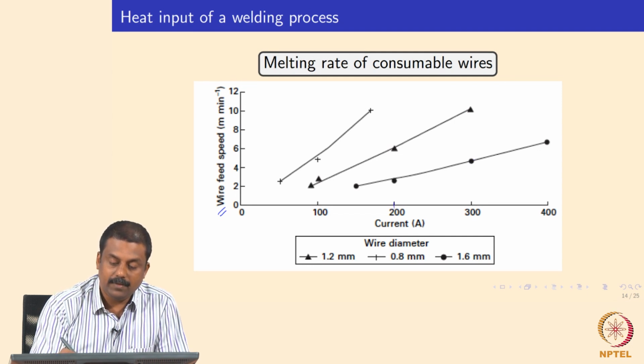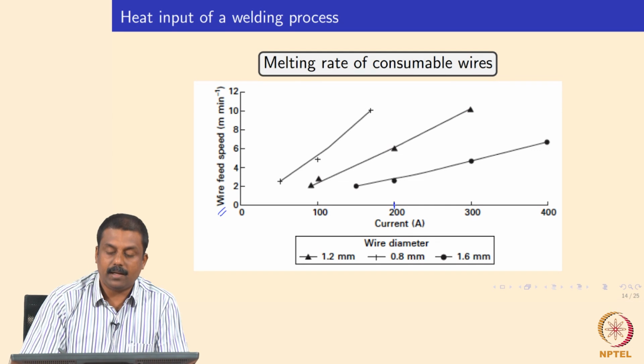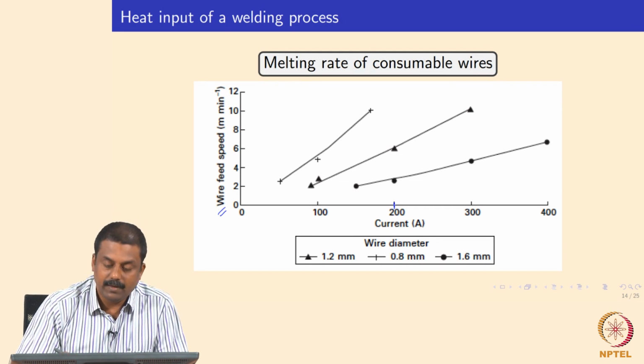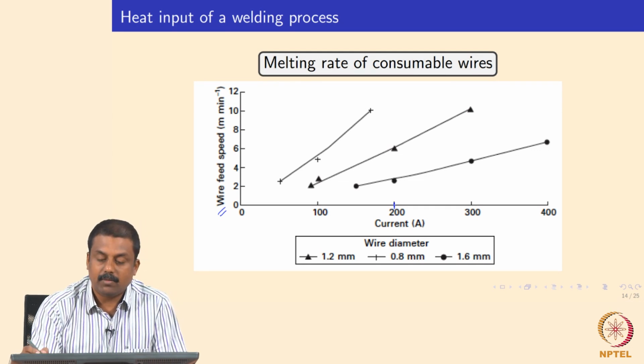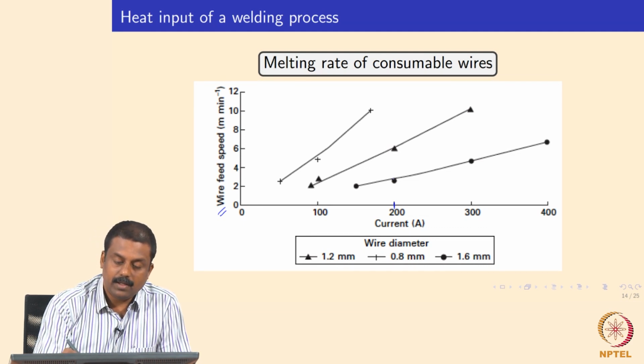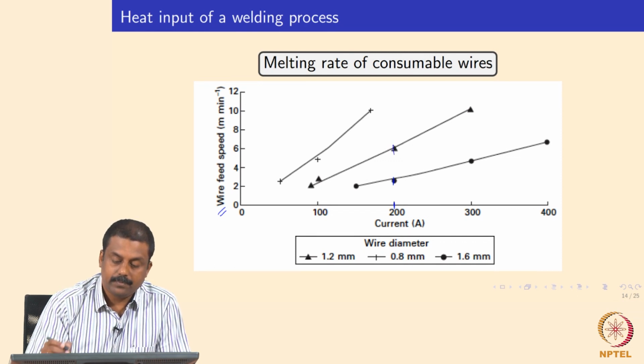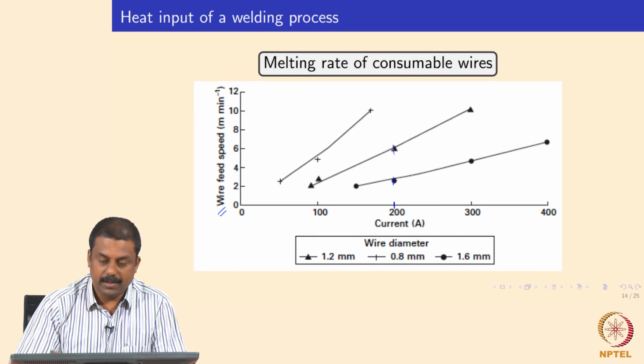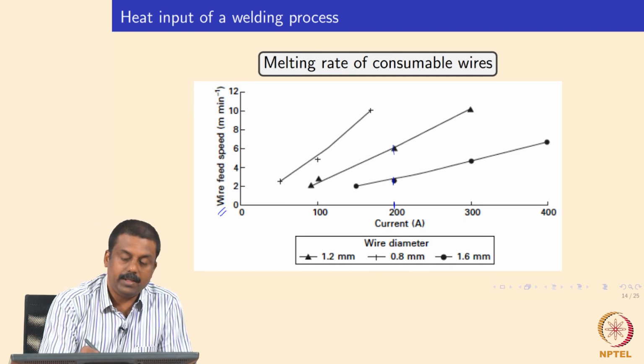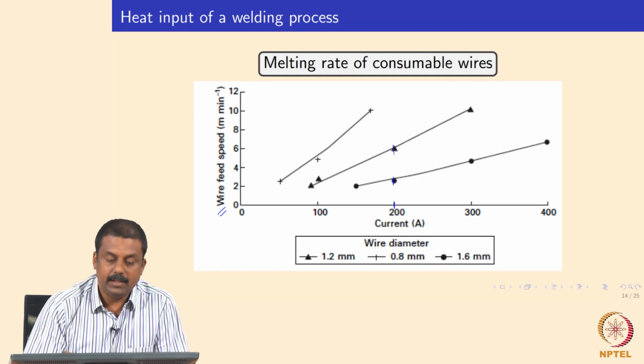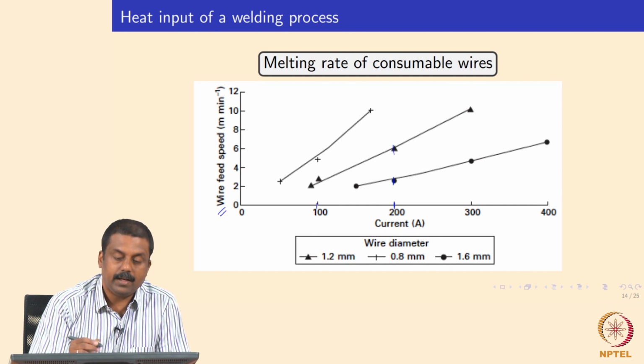So in this case, if you have a mean current of 200 amperes of welding current for a constant stick out length and for a given shielding gas, a larger diameter wire melts less than the smaller diameter wire. So obviously if you reduce the diameter, your melting rate increases for a given welding current.